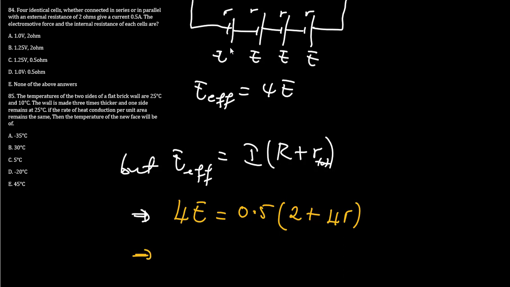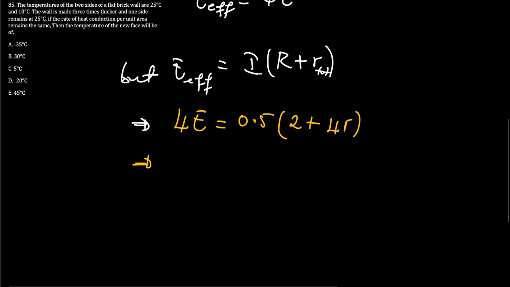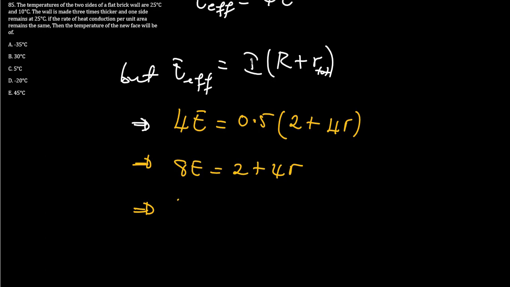And so rearranging that equation, I will multiply through by 2, so I will get 8E will be equal to 2 plus 4r. From where, if I divide all through by 2, I can rearrange this equation as 4E minus 2r is equal to 1. Call that the first equation.